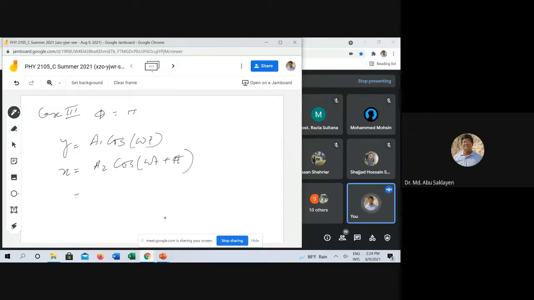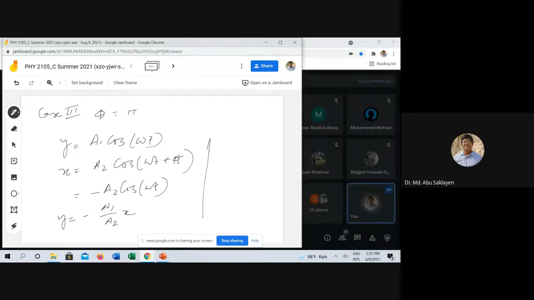What will it be? It will be minus cos omega t. Okay, so you can write y equal to minus a1 by a2 into x. So your path of the particle is like this. The slope is negative. So this is the path of the particle.